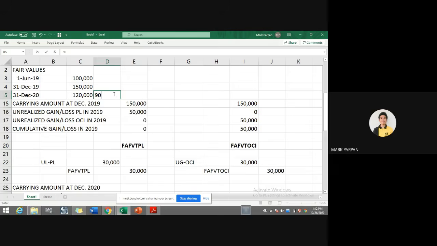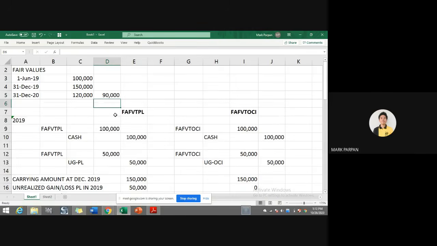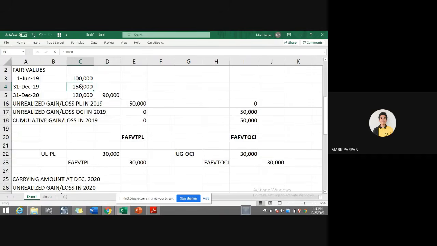What if it is really 90,000? If it is really 90,000, what will happen? FVOCI from 150 to 90,000 will be a decrease of 60,000. Remember, the balance is only 50,000. So you debit 50,000, and then you recognize an unrealized loss in OCI of 10,000. Did you get it? So as long as you still have a cumulative gain or loss balance, you absorb it first before you recognize a loss. Okay? Now let me go back to the original, which is 30,000.